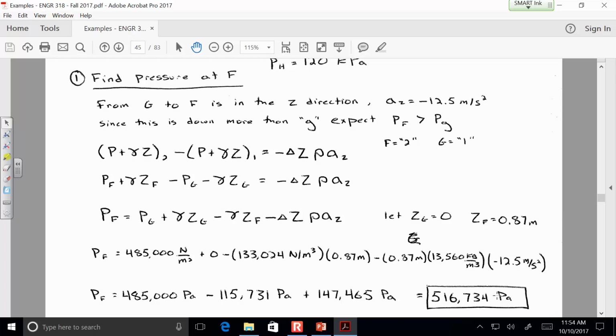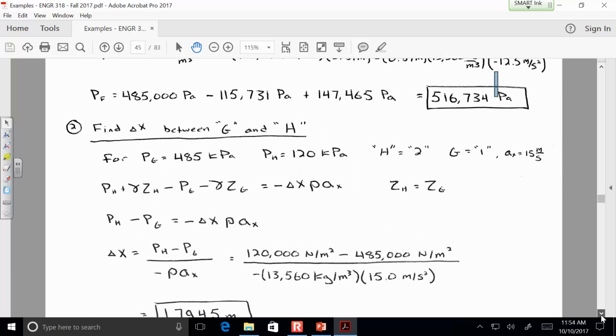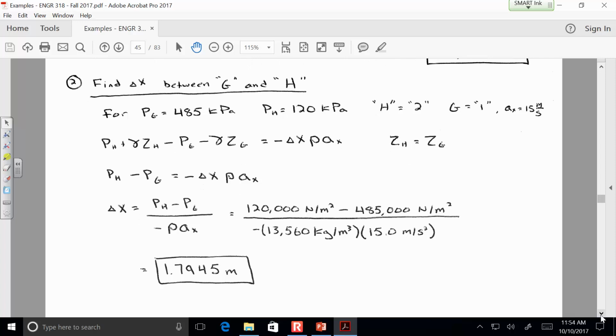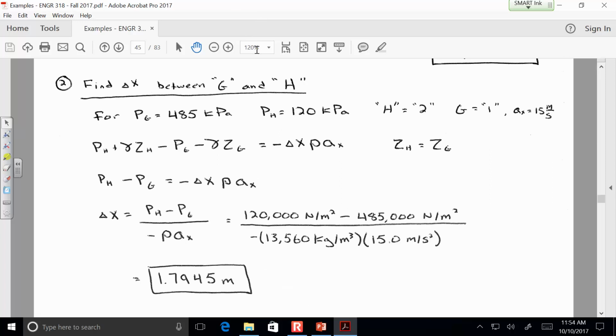All right, the distance, delta x. So the elevations are the same when we're in the horizontal direction.